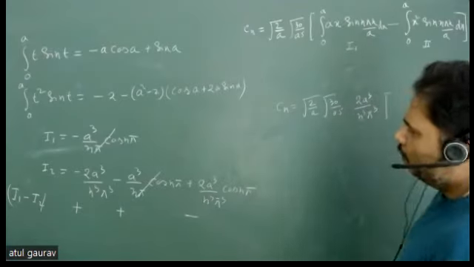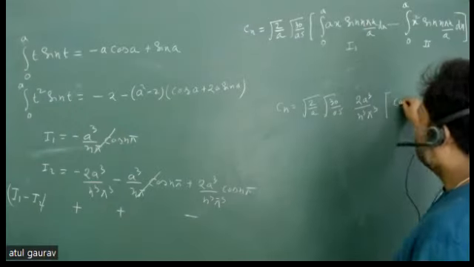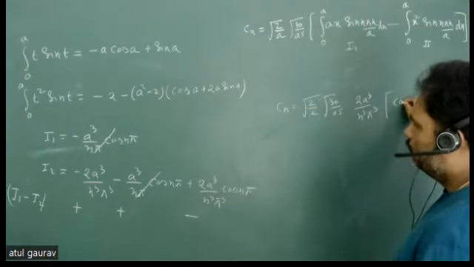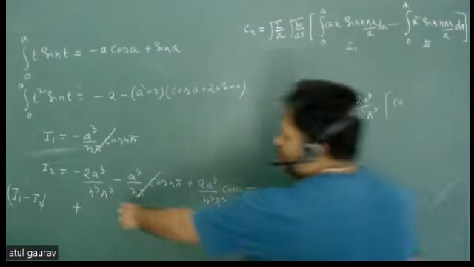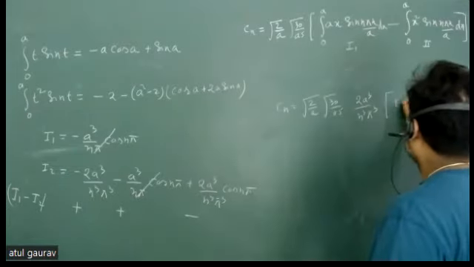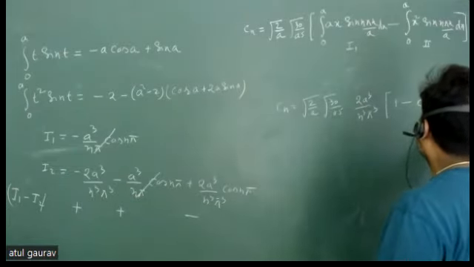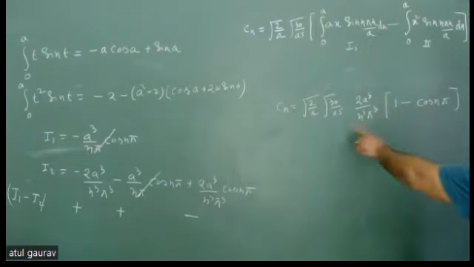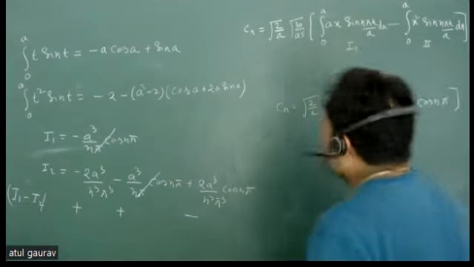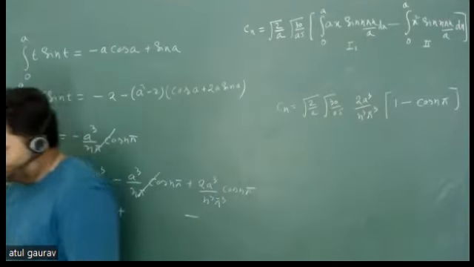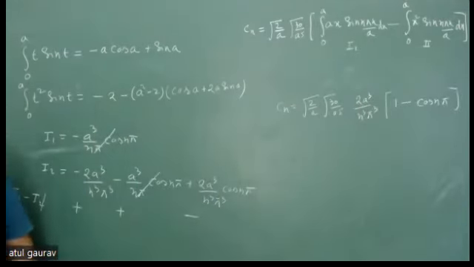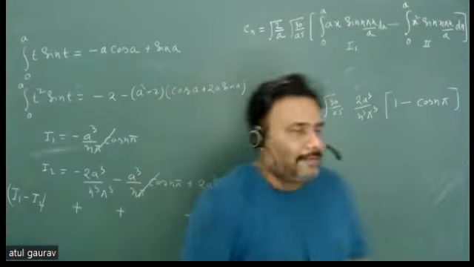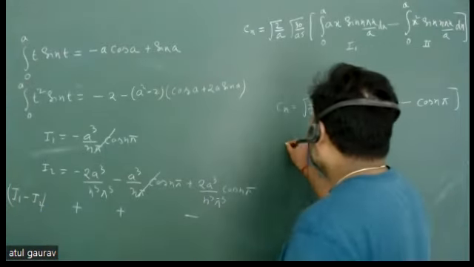And what is this value? That is 1 minus cos n pi. 1 minus cos n pi. And now you can see this value will only survive for n odd, isn't it? Otherwise, this value is 0.